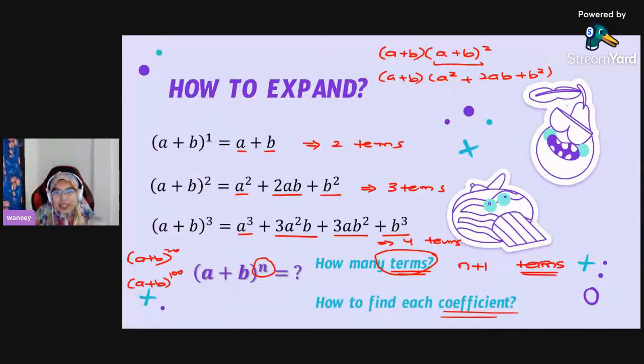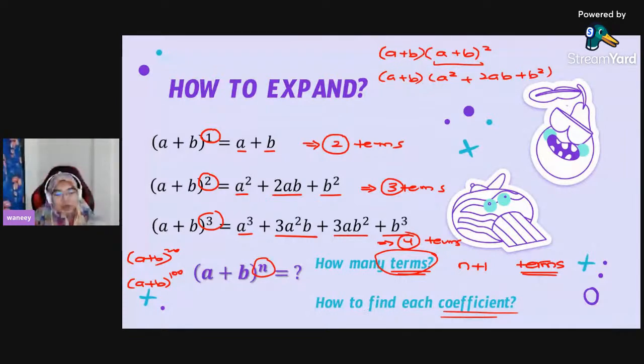If you see over here, this is 1, but how many terms? 2. This is 2, how many terms? 3. This is 3, how many terms? 4. So the number of terms is always the index plus 1. Always add 1 to the power.